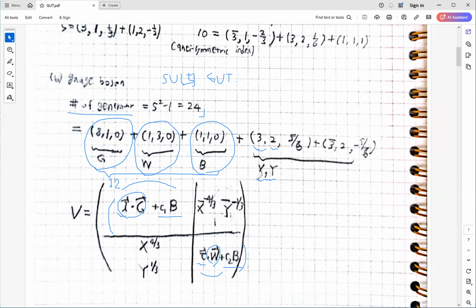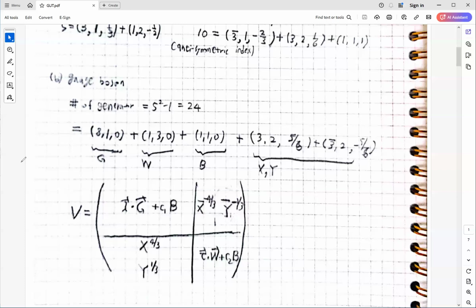And the X and Y gauge bosons are located in the off-diagonal blocks for SU(3) and SU(2). So there will be X and Y, X bar and Y bar, and the electric charges of the gauge bosons are noted here, 4/3 and 1/3. This electric charge will be explained in the gauge boson interaction terms.